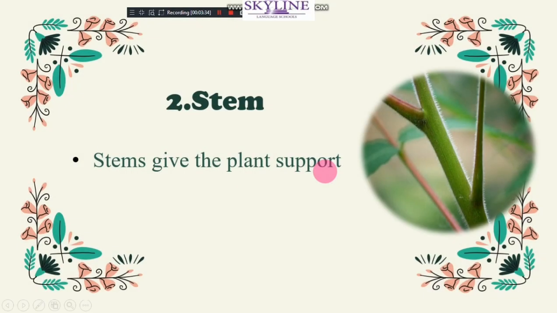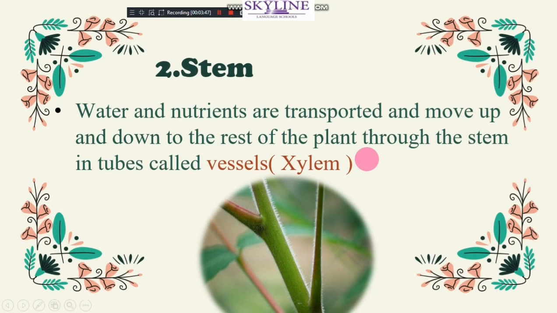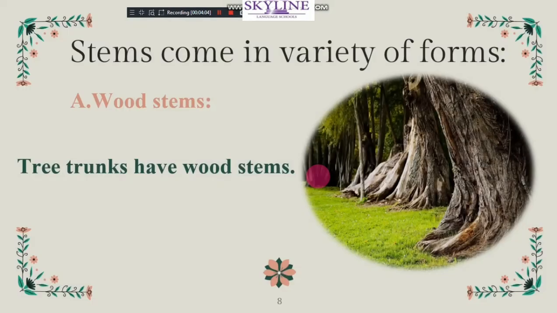Okay? Number 2, stem. What about the stem? The stem gives the plant support, gives the leaves support. So the stem is the support part of the plant. Water and nutrients are transported and move up and down to the rest of the plant through the stem. Inside the stem we have tubes called vessels, especially xylem.